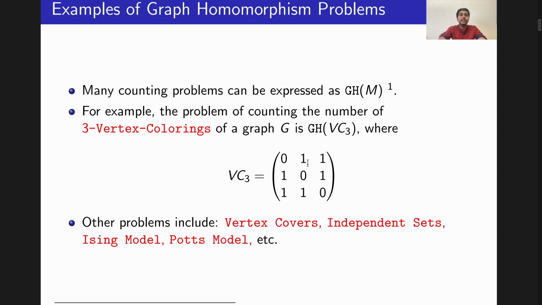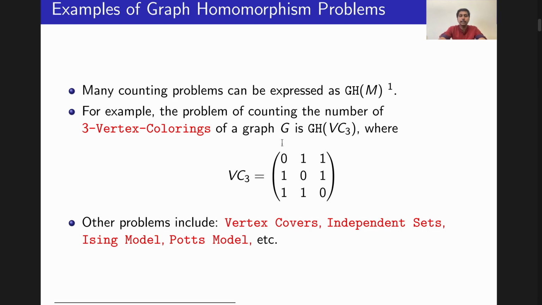Let us consider some assignment sigma from the vertices of G to the set 1, 2, 3, and consider any edge u comma v from the graph G. We note that M sigma u sigma v will be equal to 1 if and only if sigma u is not equal to sigma v. Therefore, if we consider the product over all the edges in the graph G of M sigma u sigma v, we see that that product is equal to 1 if and only if the assignment sigma does not assign any two adjacent vertices to the same number.